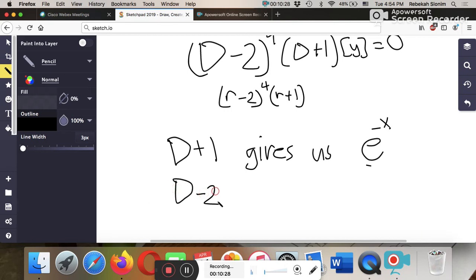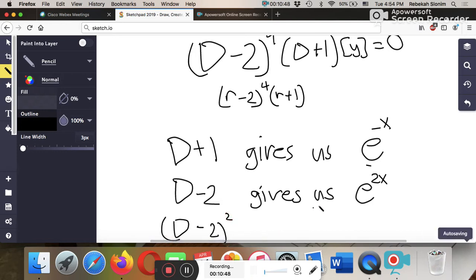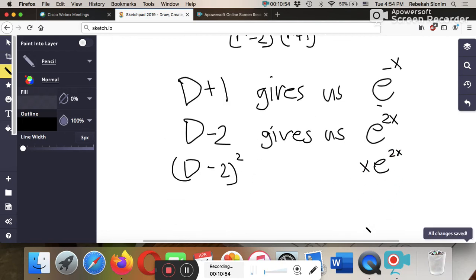D minus 2, if you apply that to e to the 2x, it's going to annihilate e to the 2x, and so e to the 2x is also annihilated by this whole thing. But because we have not just d minus 2, but d minus 2 squared, that's an annihilator for not only e to the 2x, but also for x e to the 2x.